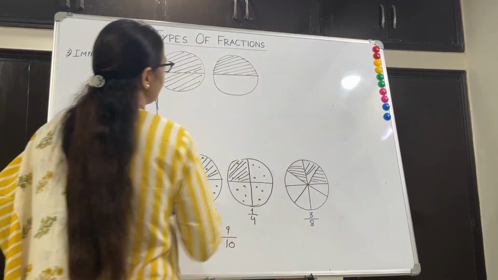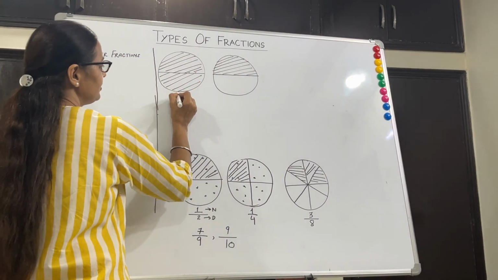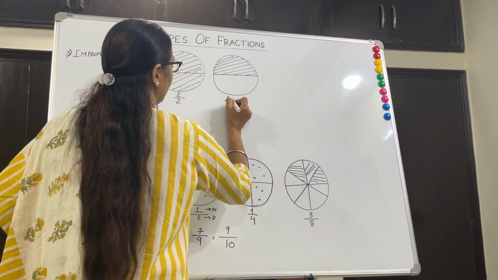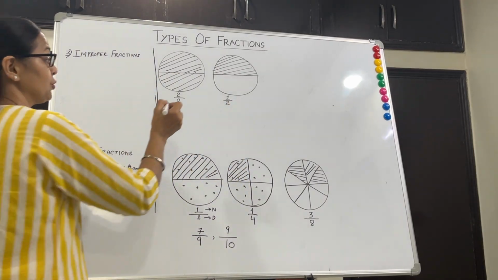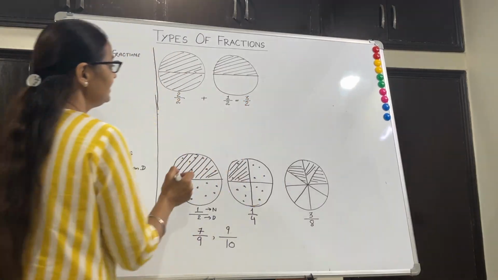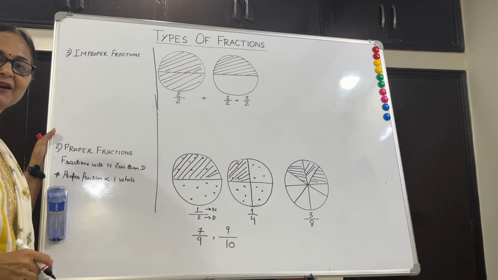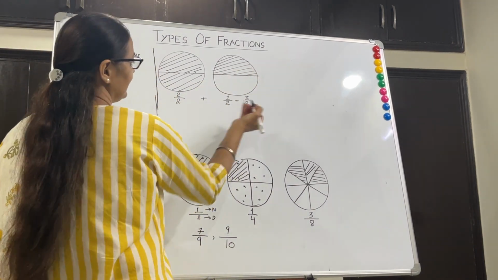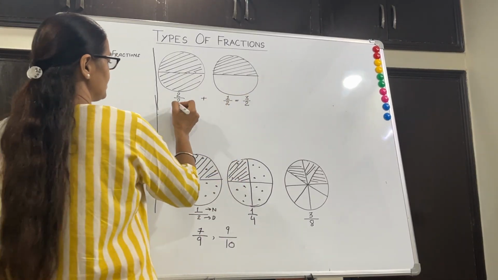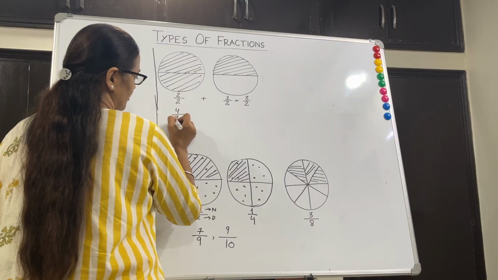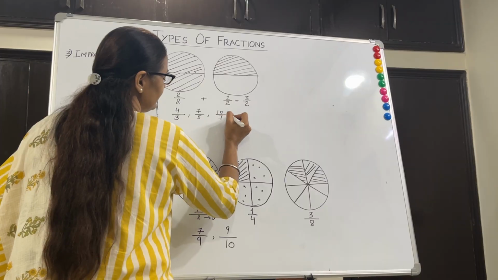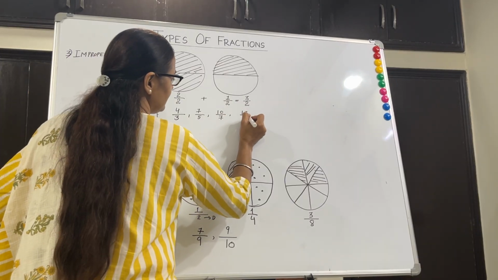Okay? Now here how many have you eaten? You have eaten 2 parts out of 2 equal parts, and here what did you eat? 1 out of 2 equal parts. So in total, how many halves did you eat? So you have eaten 3/2. Okay? Similarly, there are some other fractions like this also, like 4/3, 7/5, 10/7, 13/10.